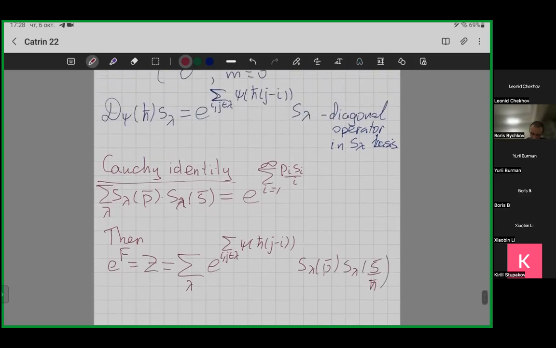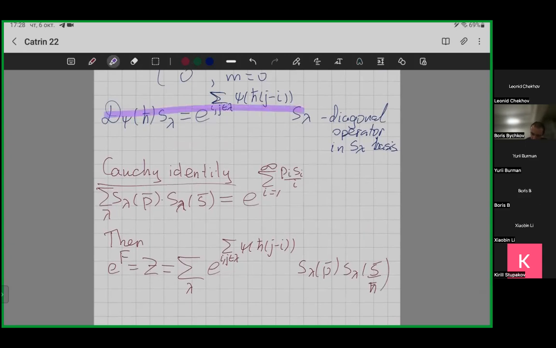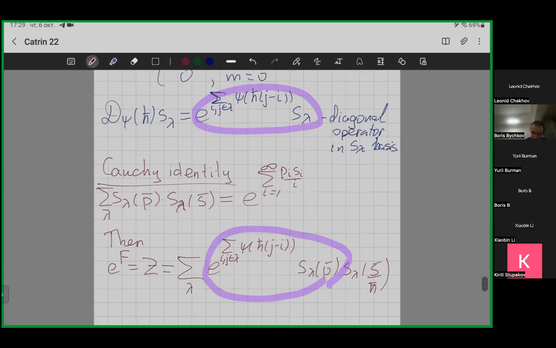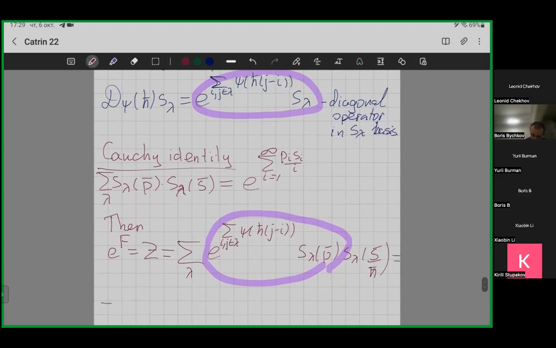And you see here this and this, so you could rewrite it as a sum over lambda, where d psi acts on s lambda of P, and times s lambda of S over h bar, this remains here. It's just using the definition of d psi, and here the Cauchy identity.